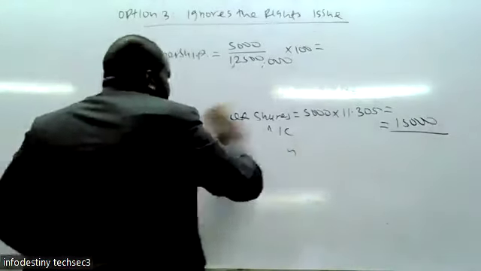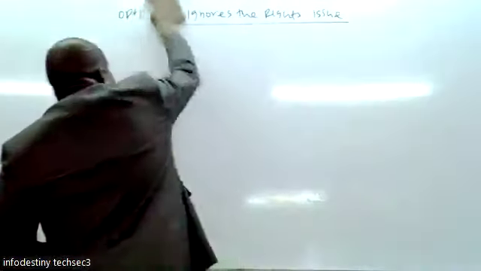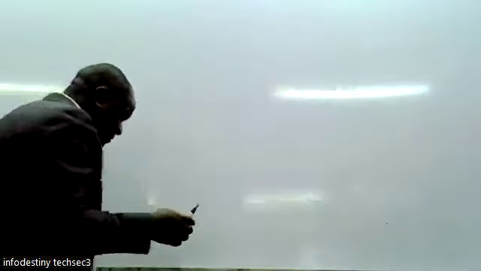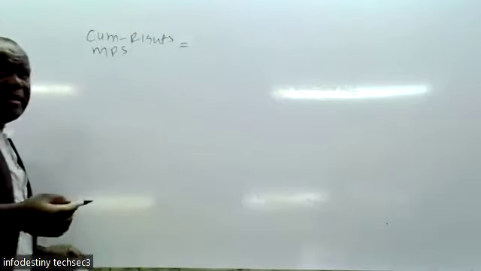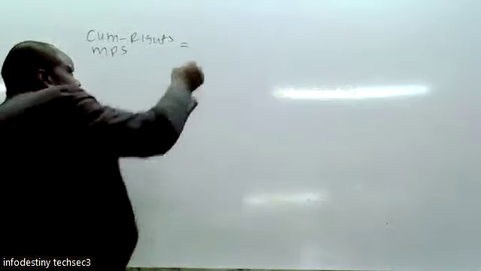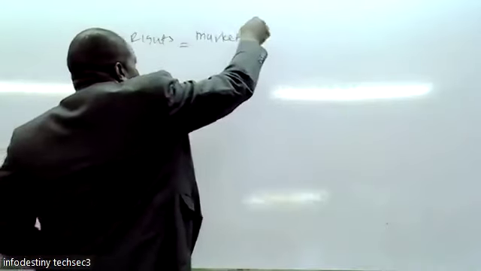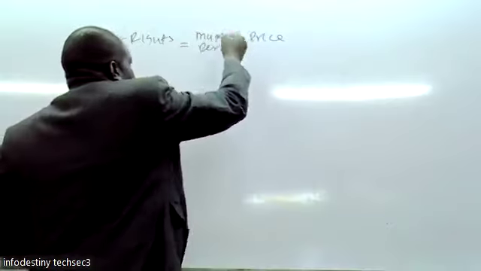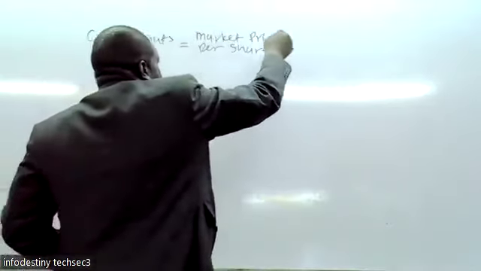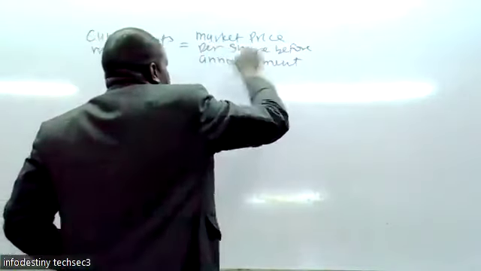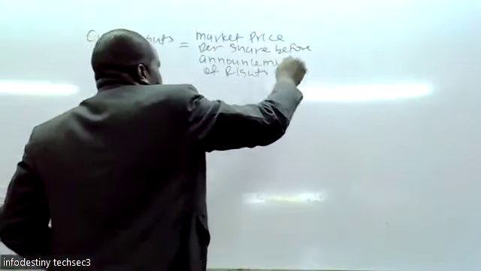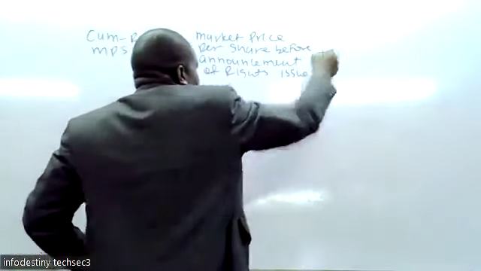When you want to compute the cum-right market price per share, remember we said that the cum-right market price per share is the same as the market price per share before the announcement of the rights issue.